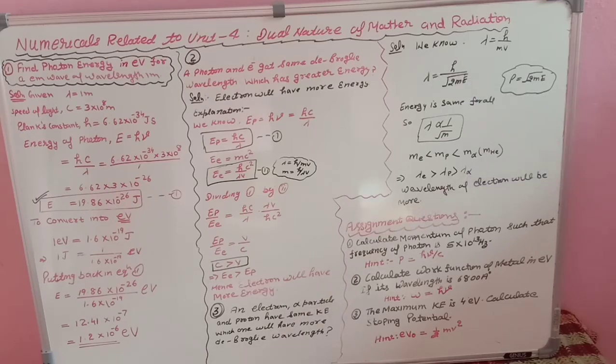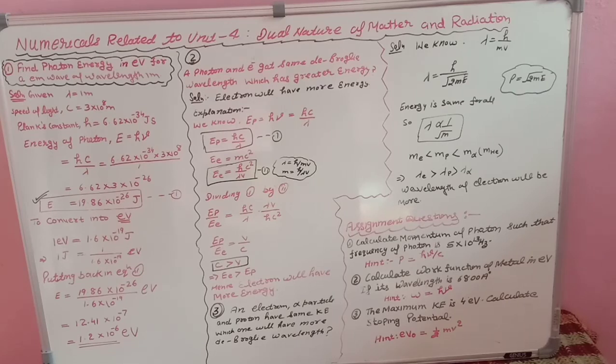Alpha particle means helium particle; in chemistry also you would have studied that alpha particles are helium particles. Helium's atomic number is 2, so obviously it will be heavier than electron and proton. So mass of electron is least, mass of proton is more, and mass of alpha particle is greatest.